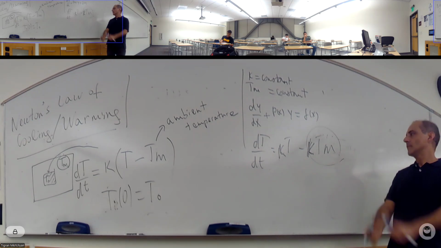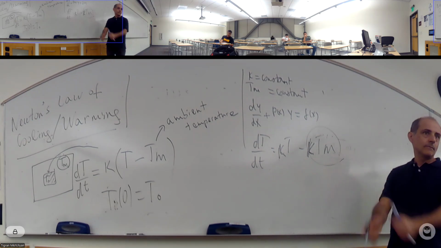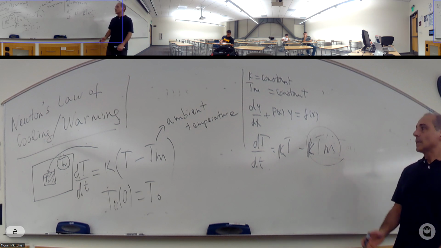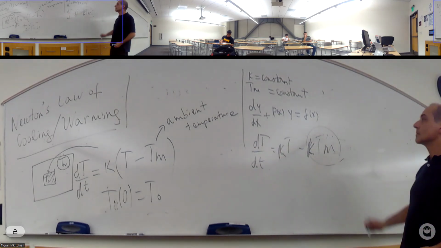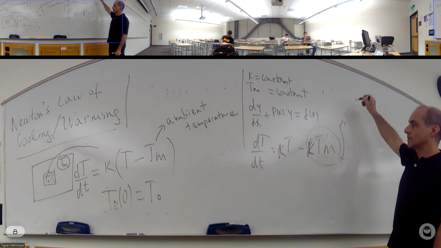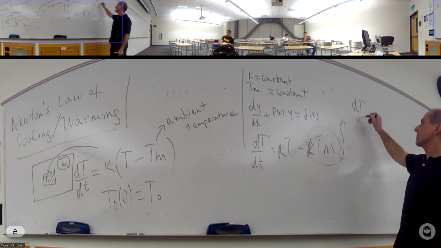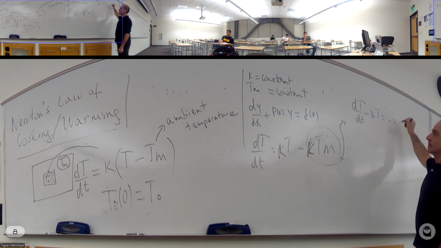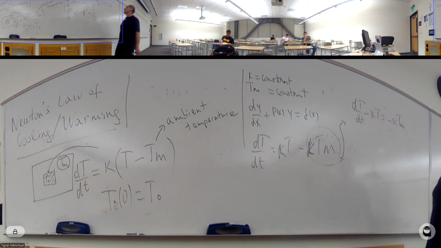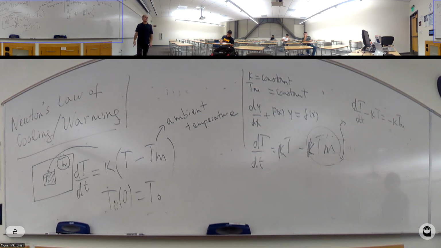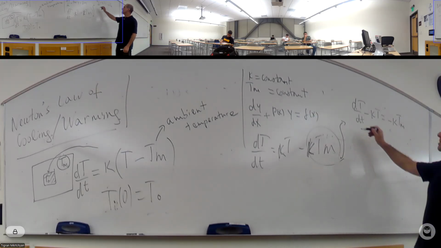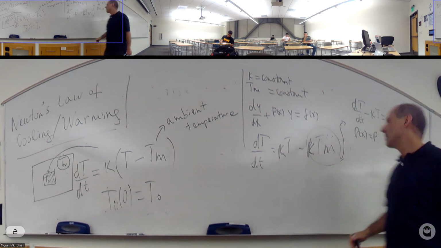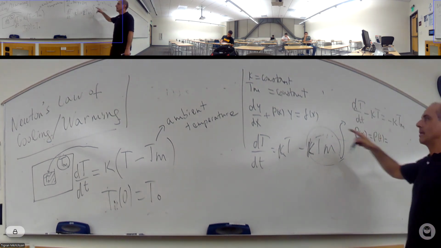So then what? Subtract KT. Subtract KTm. And so what is your P of x, or maybe P of t? That guy.